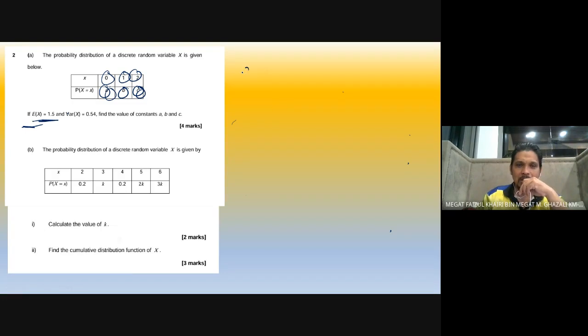Finally, you should get A equal to 0.145, B is 0.21, and C equal to 0.645.